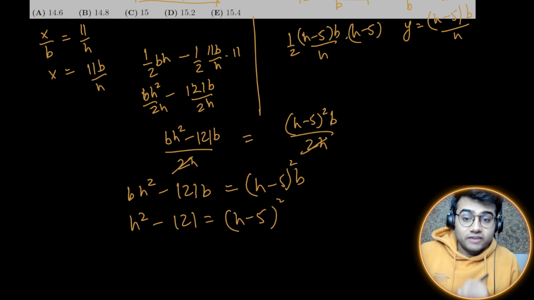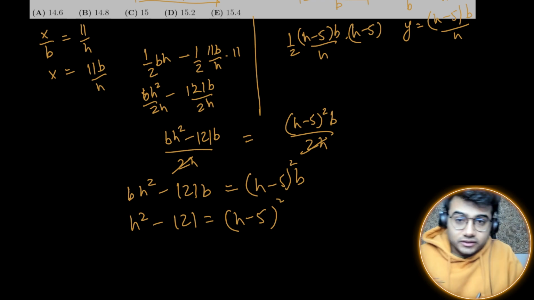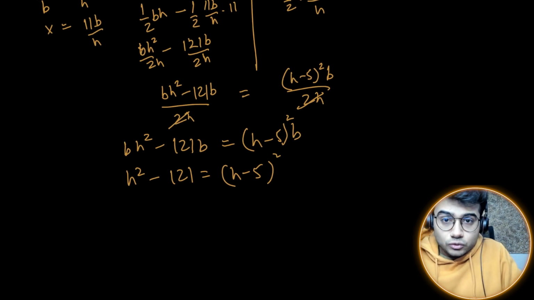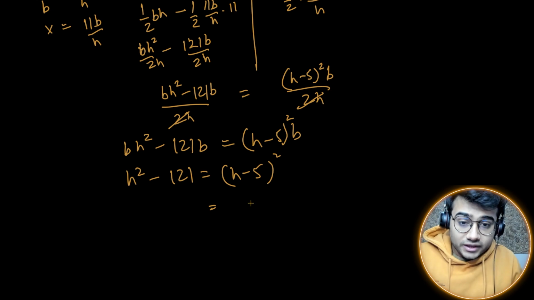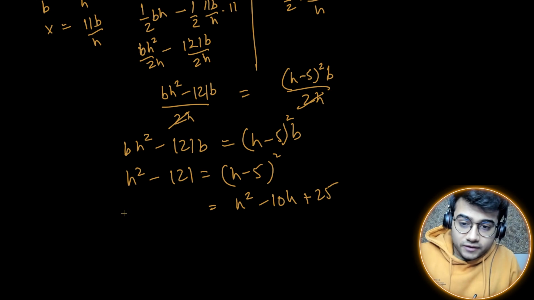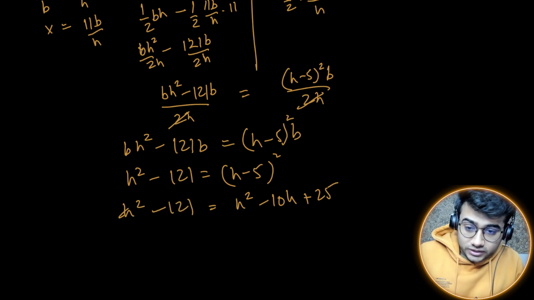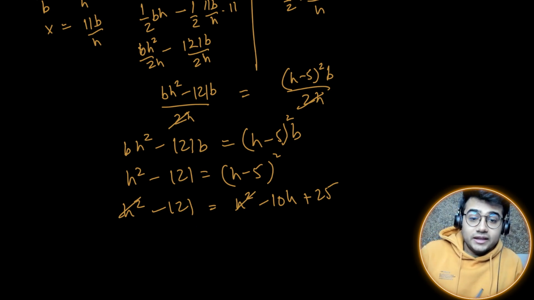See, now we have one equation in just one variable, and that's great. So let's solve it. Let's open up the right side as well. H minus 5 squared is just H squared minus 10H plus 25, and here we have H squared minus 121. That is the best because we can just cancel out the H squares.